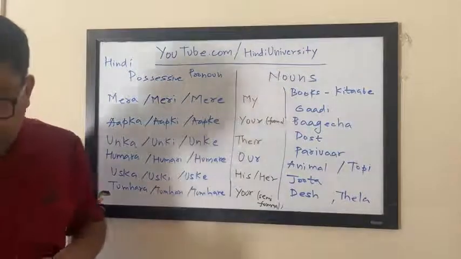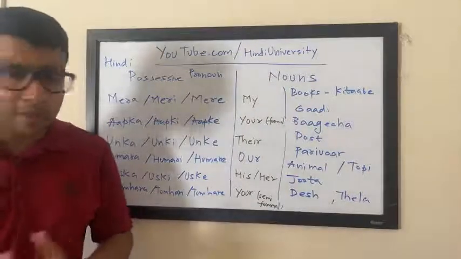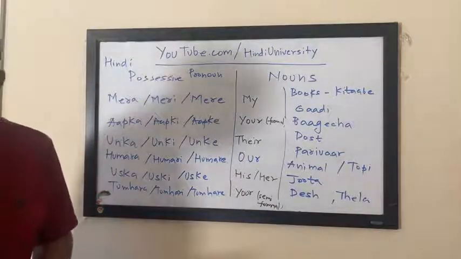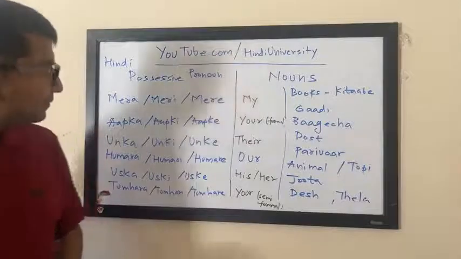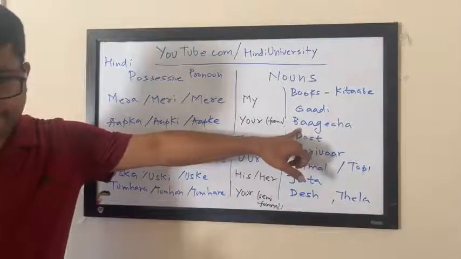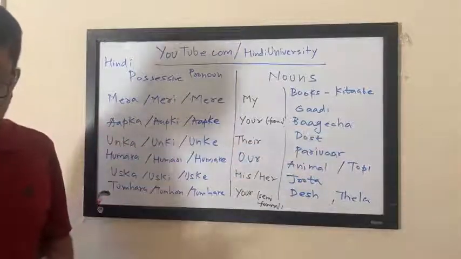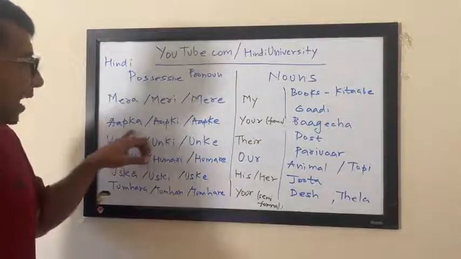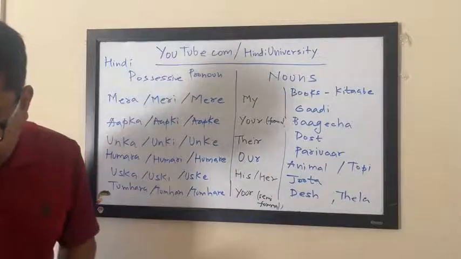I'm going to ask some of you. Tisina ji, you want to unmute yourself and give me a couple of examples? Mera bagicha. Mera bagicha, what does it mean? My garden. You want to give one more? Aapka parivar. Aapka parivar, your family. Great.